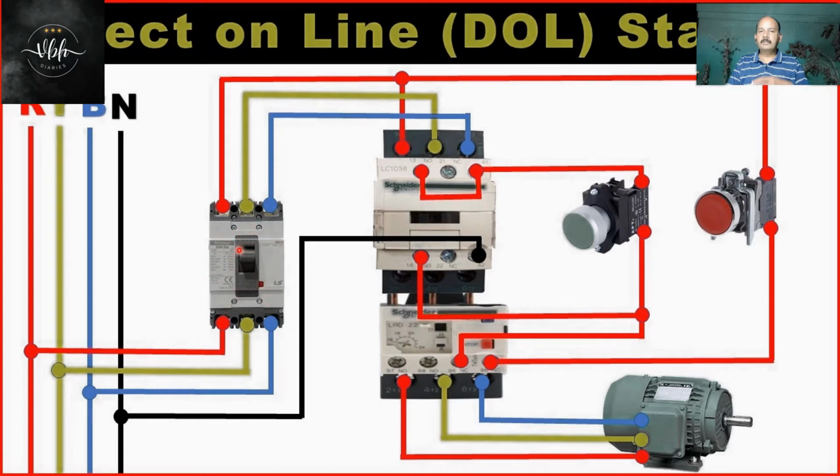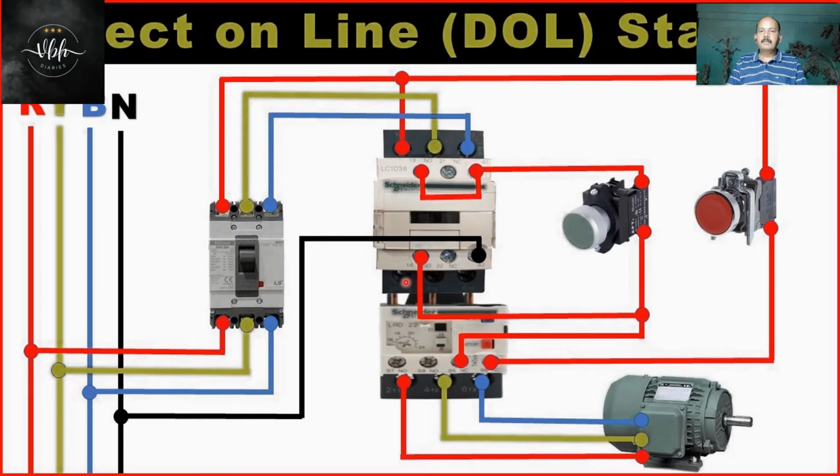In this place we need to place the incomer of the particular starter. After this incomer we need to take it to the main contactor, so from here we take all our RYB phases to the contactor. Once this is done, in the power circuit the overload relay will be mounted directly onto the contactor.